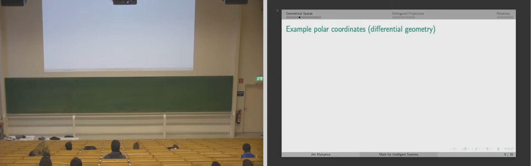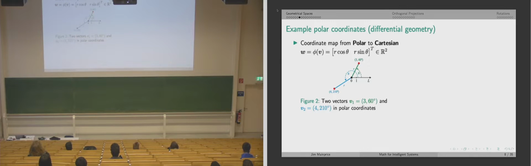Okay, so I'm going to jump to differential geometry for a quick bit, just to give you an example of what inner products are. So if we have a coordinate map from polar to Cartesian coordinates, Cartesian coordinates are defined by, we can use the canonical basis, remember?